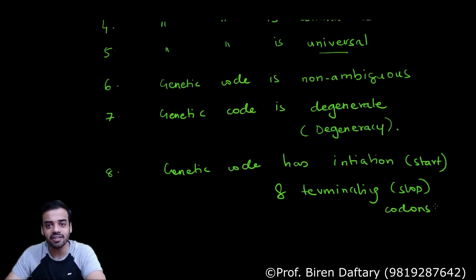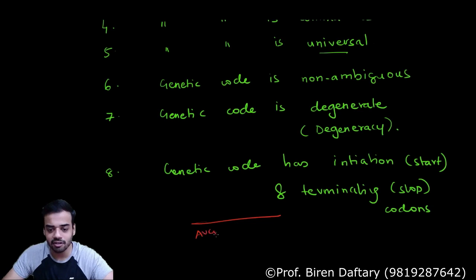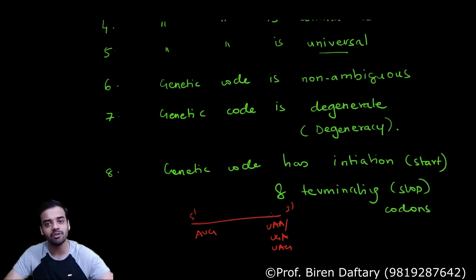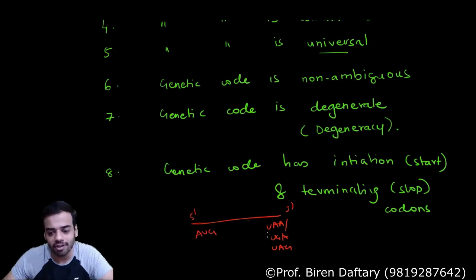Each mRNA will have a start and stop codon. You know this. This is your mRNA. Here there will be AUG which is start, here UAA or UGA or UAG which will stop, here 5 prime, here 3 prime. Basically all the codons are present on mRNA, so when we are talking about genetic code, it is the sequence on the mRNA only. It always has a start, which is the initiating codon, and stop, which is the terminating codon. Translation starts over here, stops over here. So you know this, correct? So that is the 8th point.